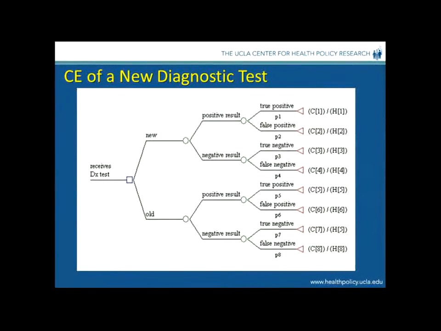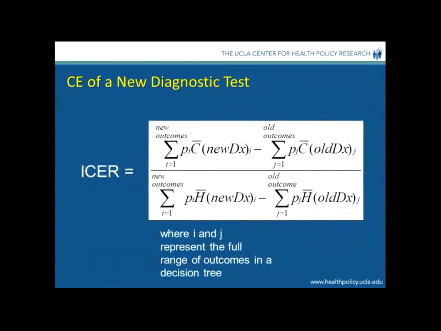And what you'd want to see in this new diagnostic test, if it's really better, is you'd like to see P1 higher than P5, and you'd like to see P3 higher than P7. Basically, any new test that you're evaluating compared to an existing test can be represented in this kind of tree. And again, the ICER can be represented as this formula.